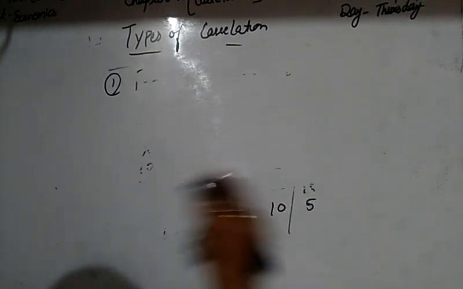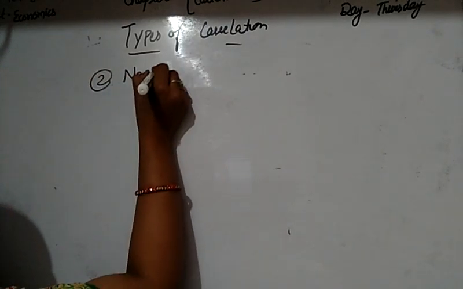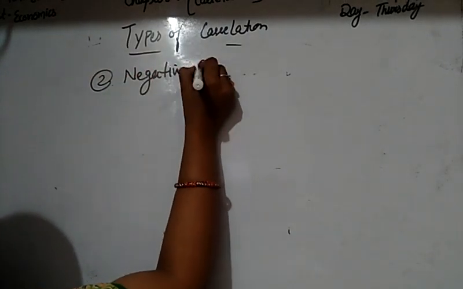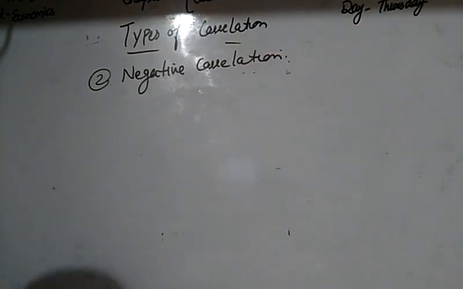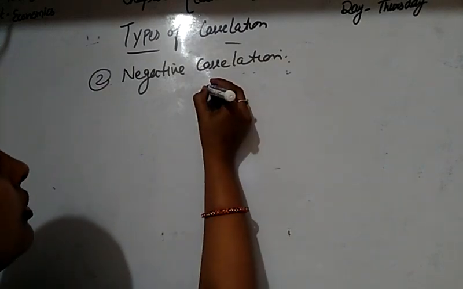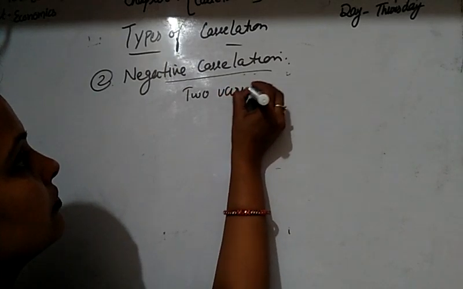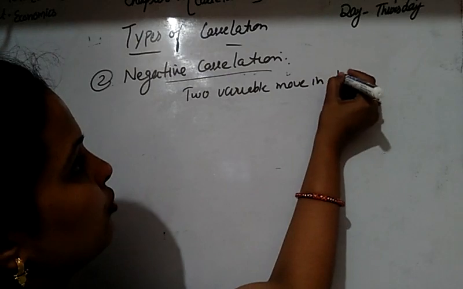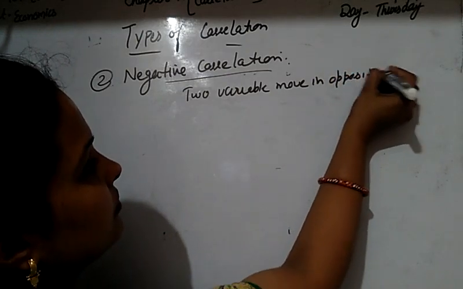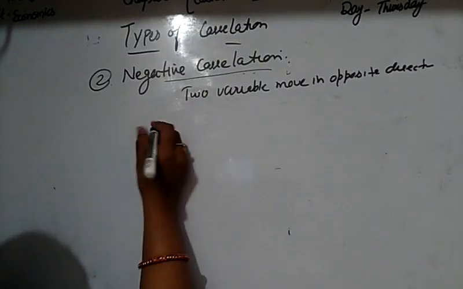Second type of correlation is negative correlation. So negative correlation, students, is when two or more variables move in opposite directions. So when two variables move in opposite directions, if one increases, the other will decrease.